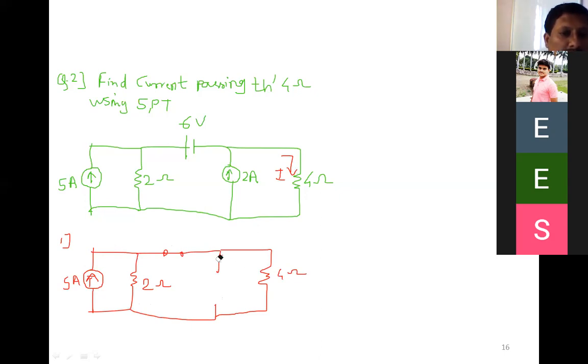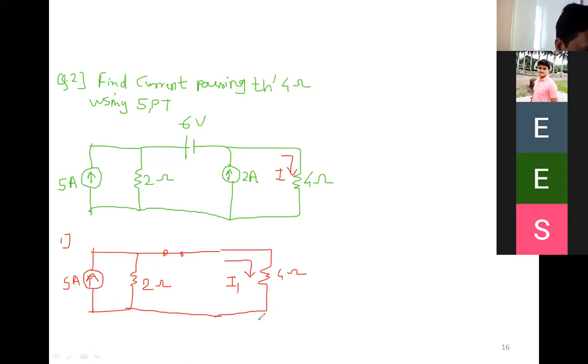If you are not drawing this, that is also okay. So the voltage source is shorted here, and the current source is opened here. Now we are going to find this current, that is I1.